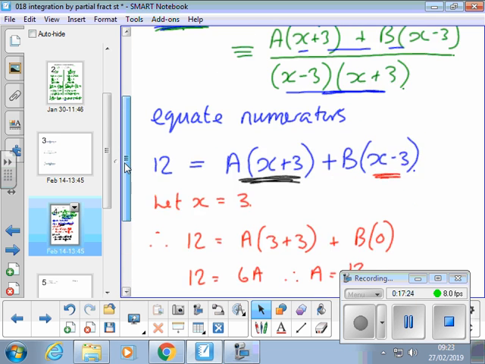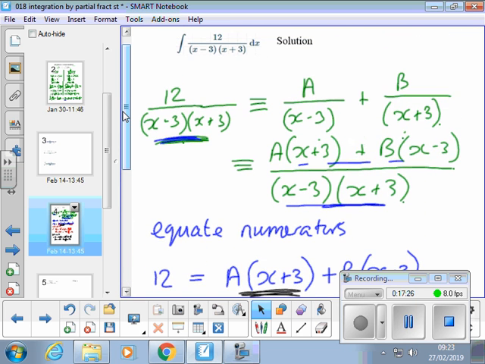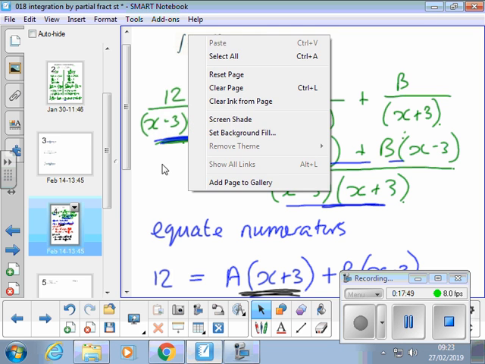We can put those values back into these two partial fractions. So we're saying that that function is equal to 2 over one term minus 2 over the other.